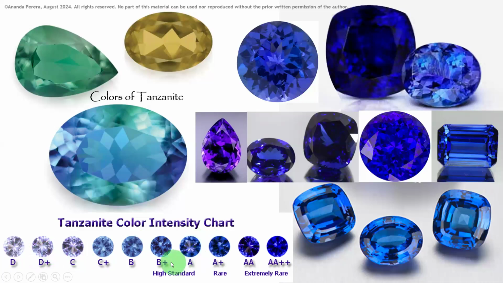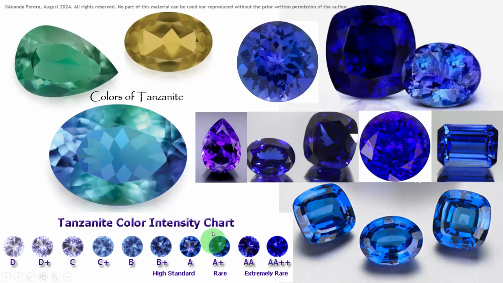So B plus and A are high standard colors. A plus is rare. Double A and double A plus are extremely rare. See the difference. This is the only grading system like this in Tanzanite.